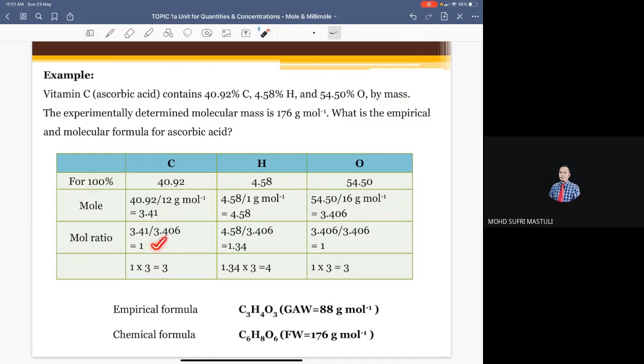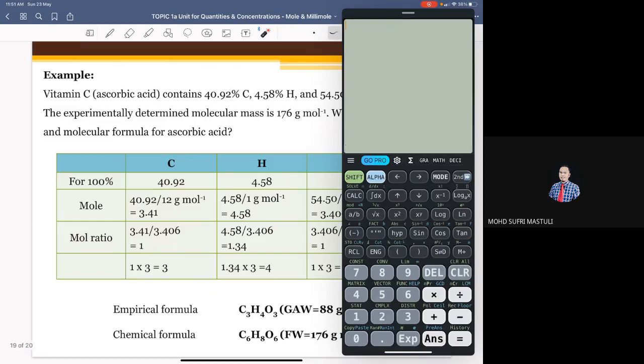Then use your calculator to calculate the mole ratio. For carbon, 3.41 divided by 3.406, you can obtain 1.001, so it can be rounded to 1. For hydrogen, 4.58 divided by 3.406 gives 1.34.